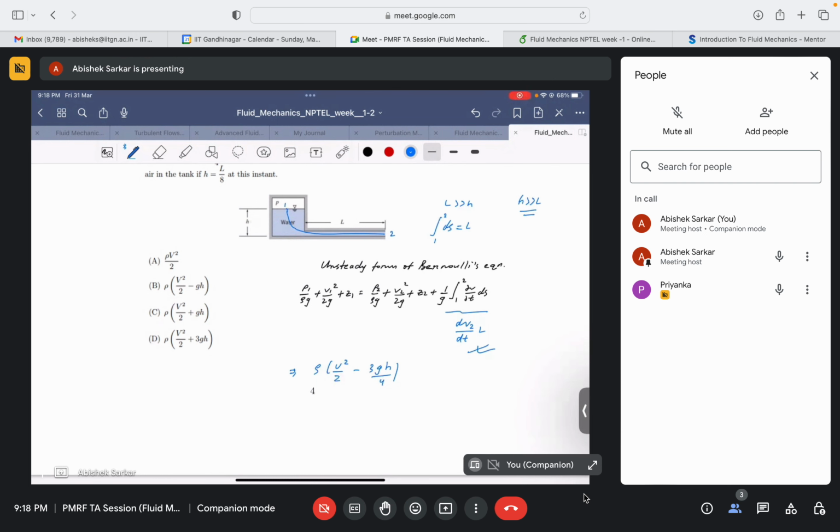Bernoulli's equation, or the problem that you are solving, does not necessarily give you a very highly accurate answer, but it gives you an approximate idea of how the flow behavior changes if certain flow parameters are changed. It is not necessary that the streamline I have considered is absolutely correct.